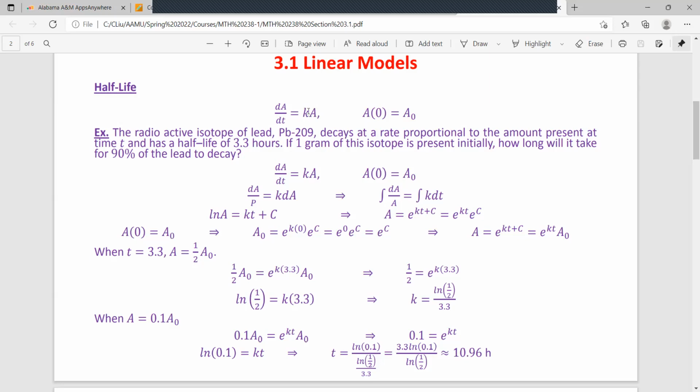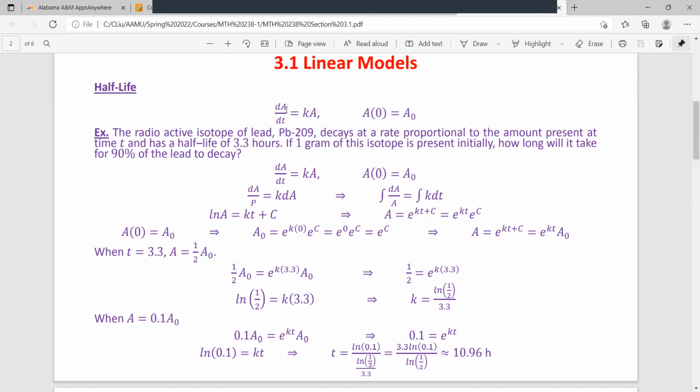And K is a constant again, but that's negative because the amount of the isotope decreases, it decays. So dA over dt, the change, is negative. So K will be negative.